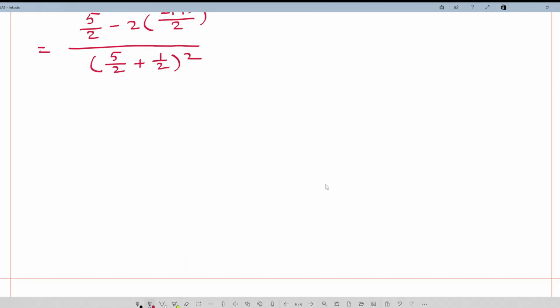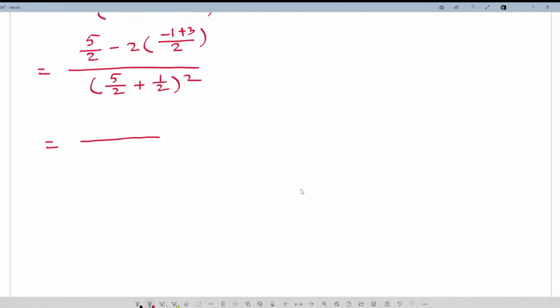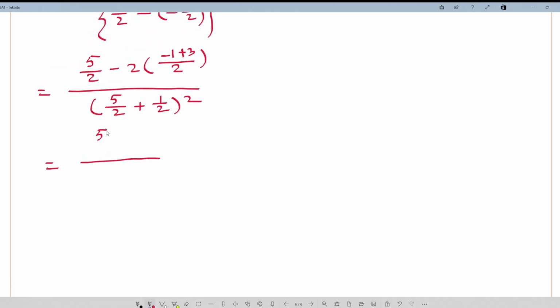Okay, now 5 divide 2 minus 2 times minus 1 plus 3, it means 2 divide 2. Okay, and this one again LCM, which is 2, 5 plus 1 whole square.